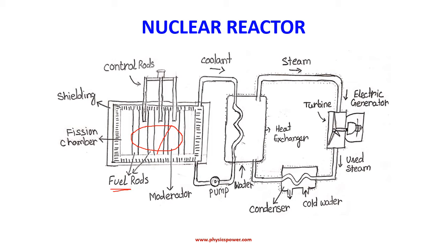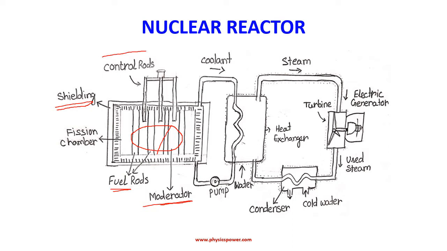The entire core compulsorily should be shielded with strong concrete walls. Why? Because the reaction is uncontrollable. Whatever the quantity of energy coming out, it should stay inside, and that energy should not break the entire chamber. And if it is going a little bit dangerous, then we apply a moderator. The moderator will slow down the reaction, as well as control rods.